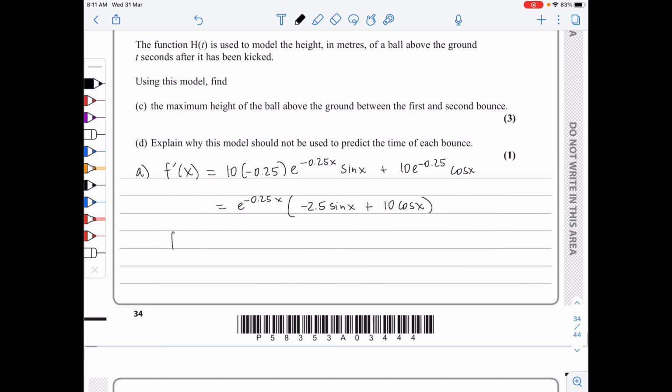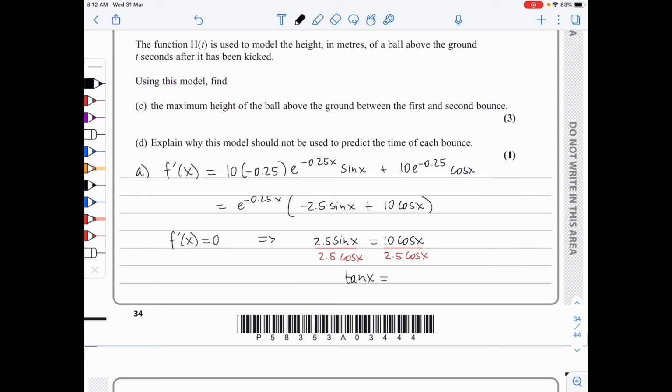And for a turning point, we know that this must be 0. So we have to have that 2.5 sine x is 10 cos x. I will divide both sides by 2.5 cos x. I need to show explicitly the division by cos x in order to justify the appearance of the tan x.